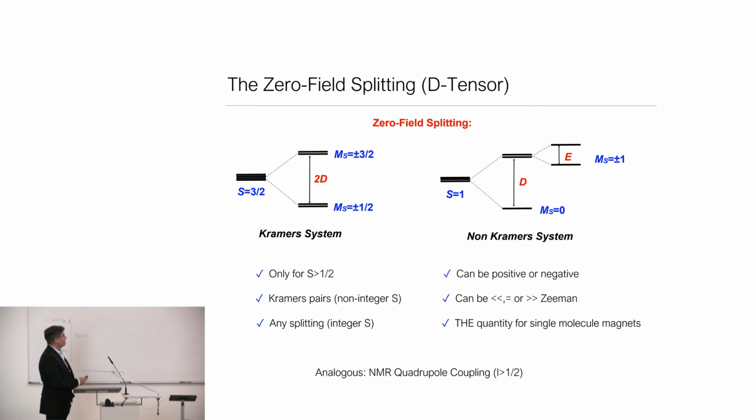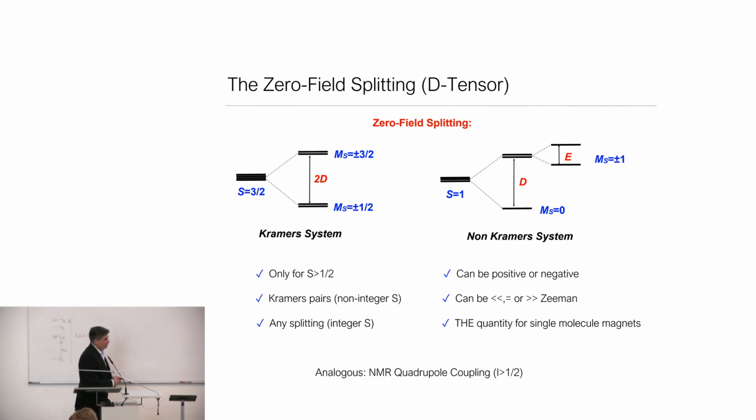And then the rhombic zero field splitting, that is given the symbol E, would split further, would lift the degeneracy of the ±1 sublevels. Note that the zero field splitting can be positive or negative. That means for a negative D, that whole thing turns around, and then the ±1 sublevels would be lowest in energy, and the m_s = 0 would be highest in energy, and likewise the same can happen for a Kramers system.